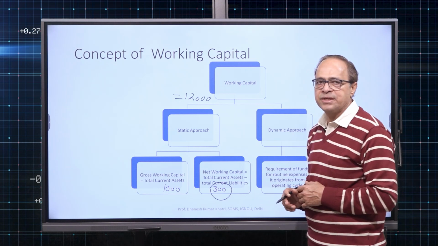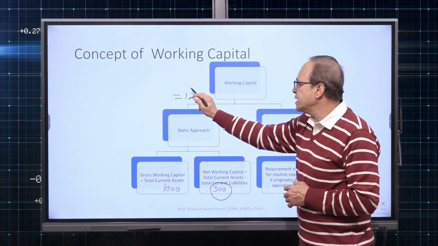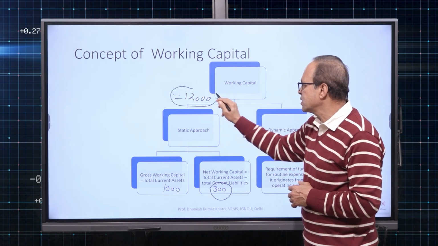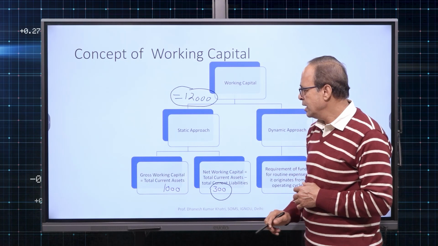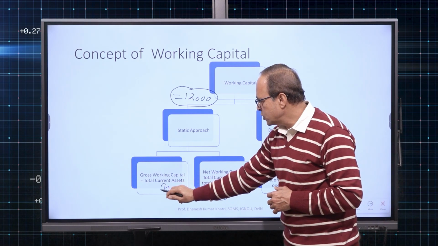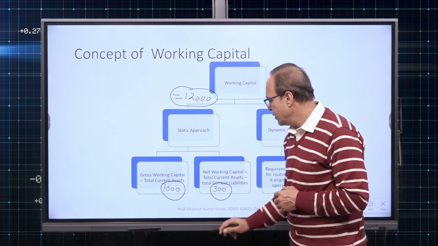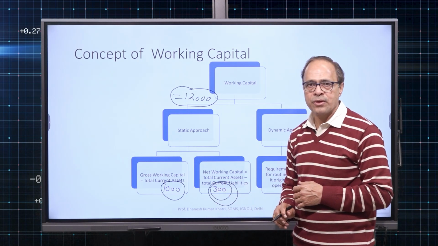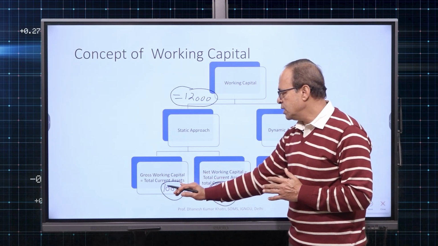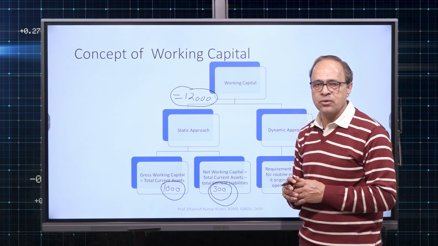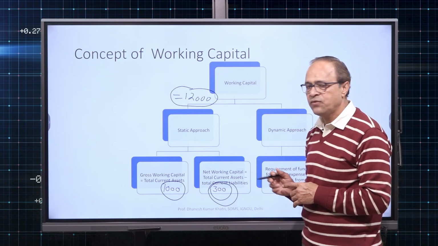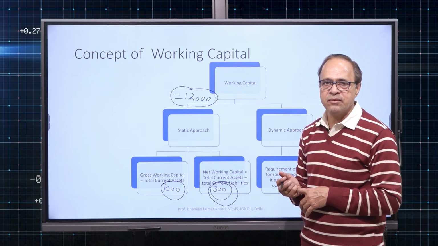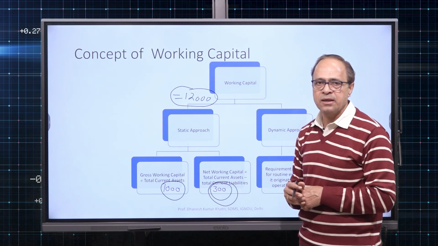Now, we can simply say to support a sales level of 12,000 crore, if it is in crores, our investment in total current assets is 1000 crore, whereas net working capital is 300 crore. Although total current assets requirement is 1000 crore, but how much organization funds are blocked into financing the working capital, that is 300 crore.